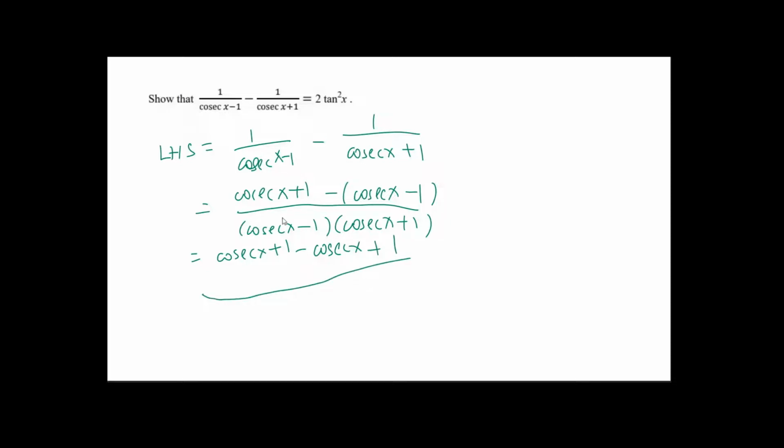Next, I'm going to expand the denominator. This is like your a minus b, a plus b, where a is cosecant x and b is 1. Whenever you have a minus b, a plus b, you get a squared minus b squared.